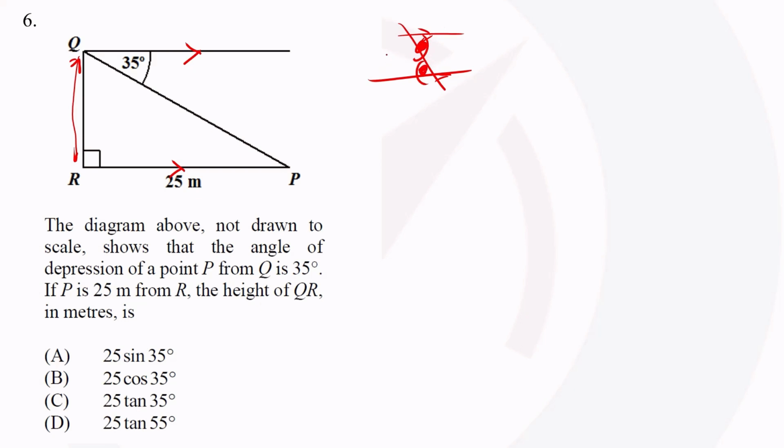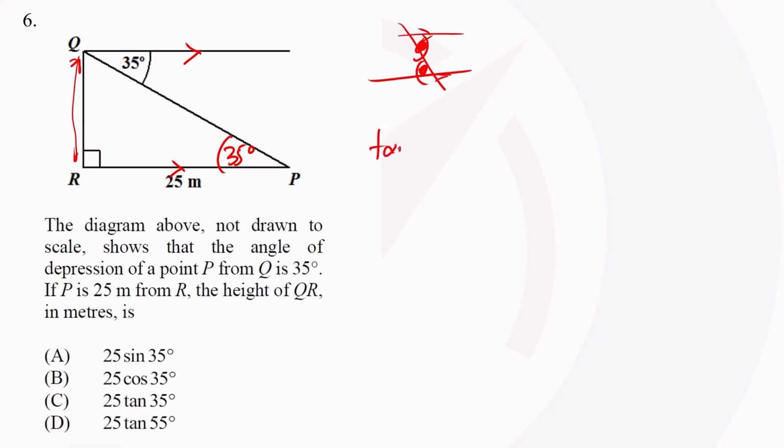Hence, angle of elevation is equal to angle of depression. So therefore here would also be 35 degrees. Now we can go ahead and find our QR, because we have the opposite and the adjacent. Once you have opposite and adjacent side, you know that's going to be tan.